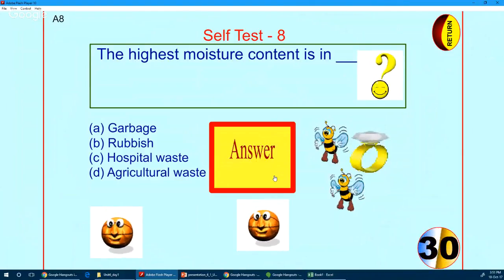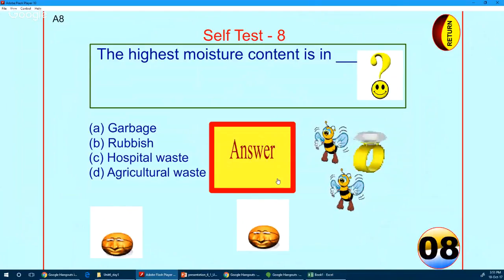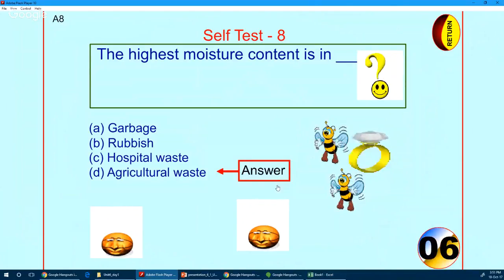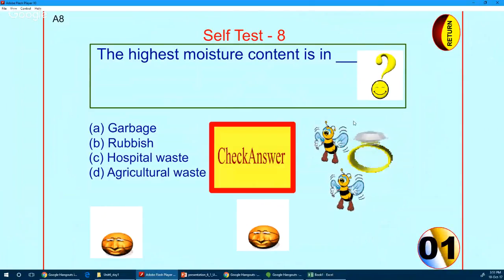Thirty seconds. You go for A. That seems to be the answer, but that's not the right answer. The right answer is agricultural waste contains the highest amount of moisture.